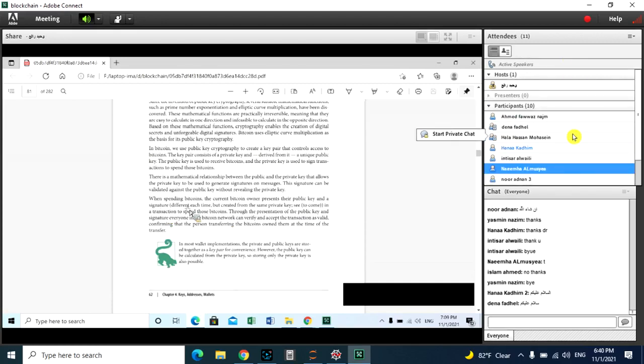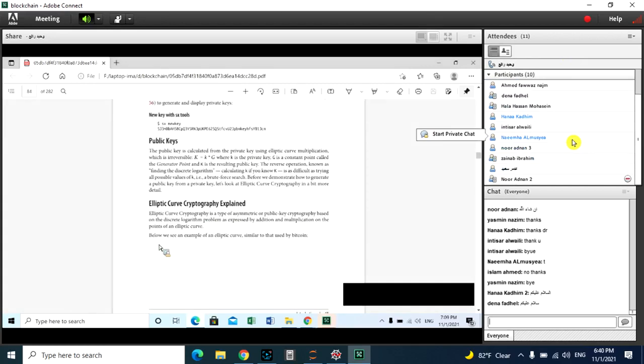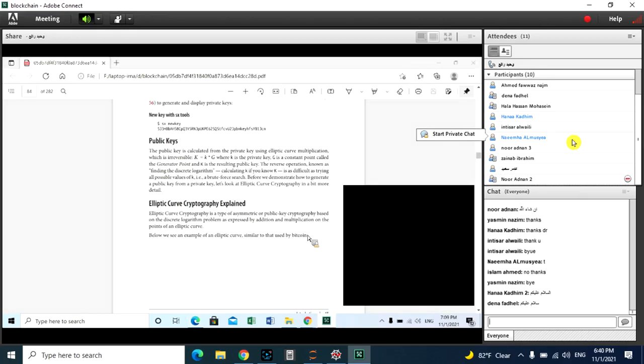This is the equation of the curve that Bitcoin uses in this approach.